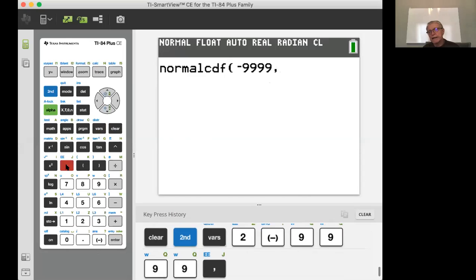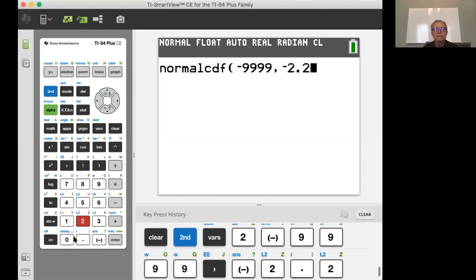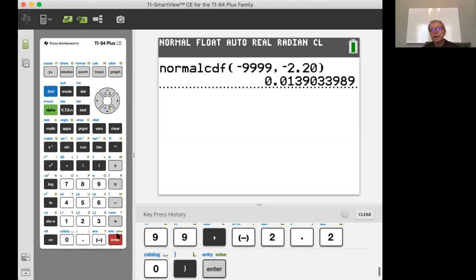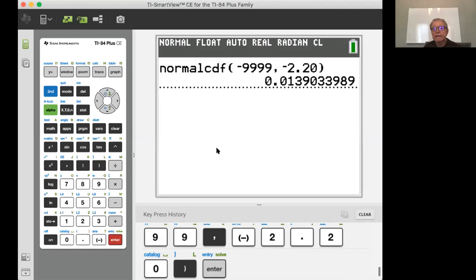Remember that area ends at the test statistic, so negative 2.20. Close the parenthesis and hit enter. And there's our p-value, 0.0139. So let's get out of here and go back to our problem.